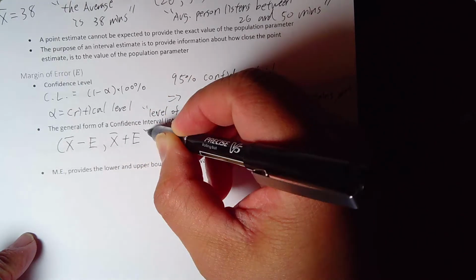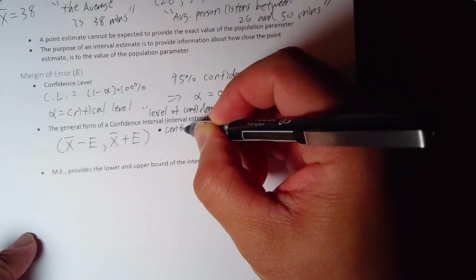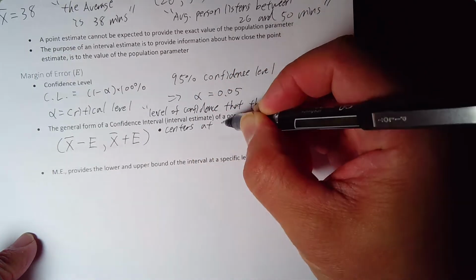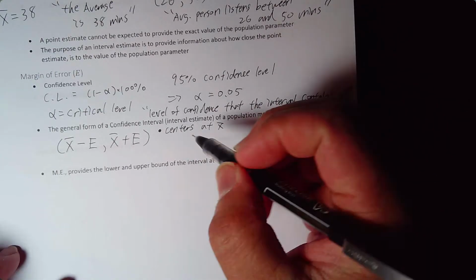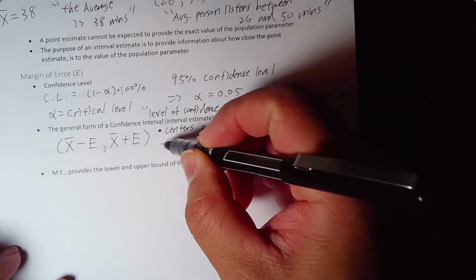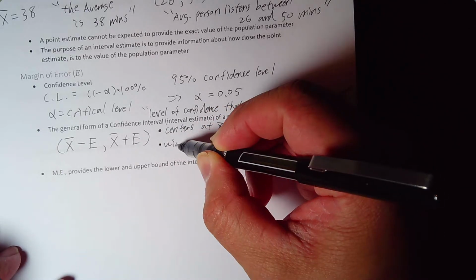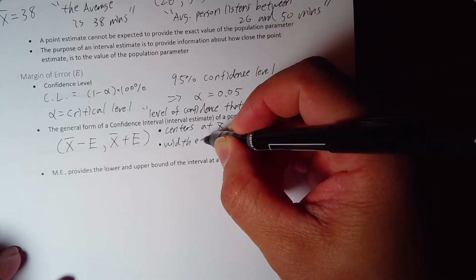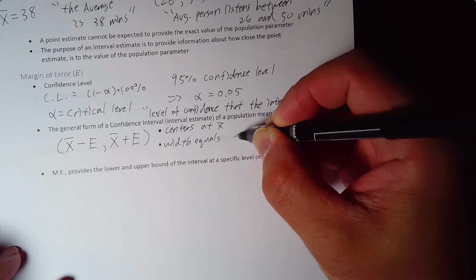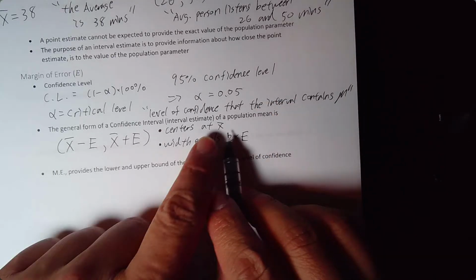A couple of things: it's centered at x bar, that x bar is the center of the confidence interval, and the width is determined by the margin of error. So the width equals 2 times E. It's centered at x bar, you minus E and you plus E.